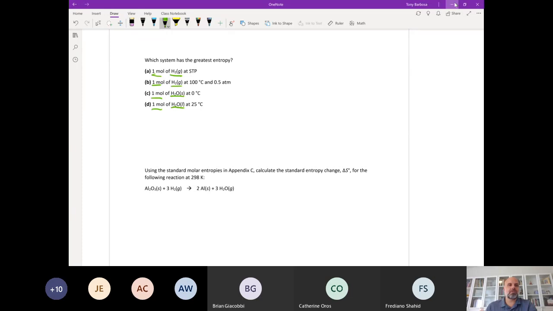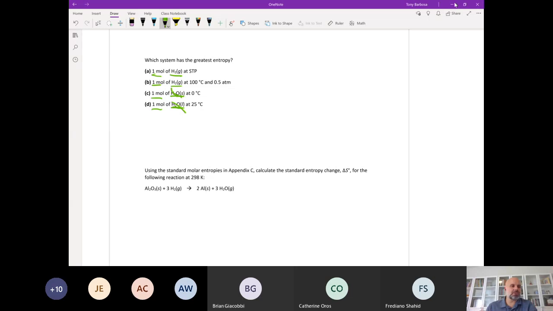So we can see very quickly, even though H2O is larger than H2, it's a solid, so it's going to have a reduced number of microstates. So is a liquid. So both C and D we can rule out because we have solids and liquids versus gases.